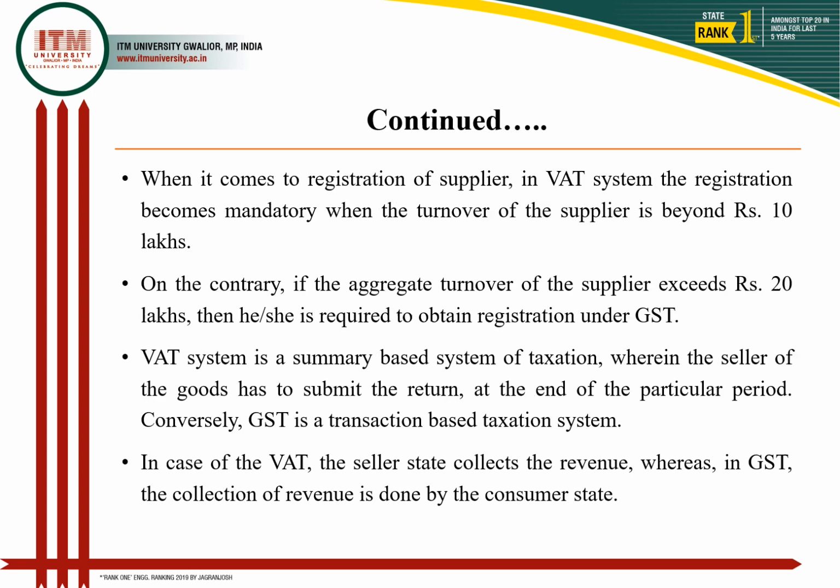When it comes to registration for a supplier, in VAT the registration becomes mandatory when the turnover of the supplier is beyond 10 lakh. However, when the aggregate turnover of a supplier exceeds 20 lakh, they are required to go for registration under GST. VAT is a summary based taxation, where the seller of goods has to submit the return at the end of a particular period.